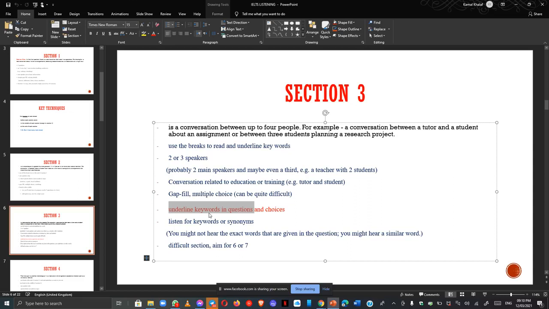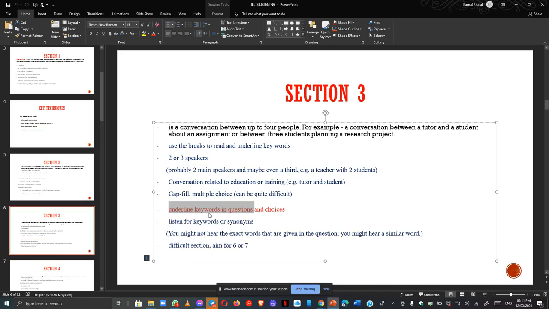What I mean by the key words: the most important words in the questions and the most important words in the choices themselves. Why? This will help you keep track while listening. This will help you focus on what you need to answer the questions themselves. So please bear this in mind.